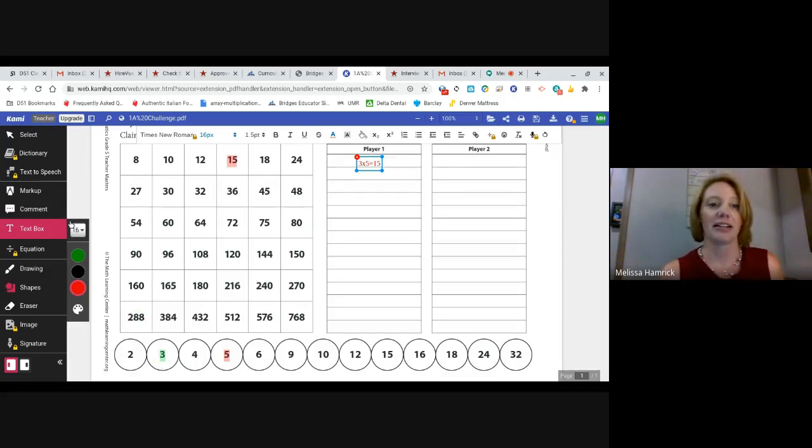Then player 2, the class, will be able to go. And they could choose 4.